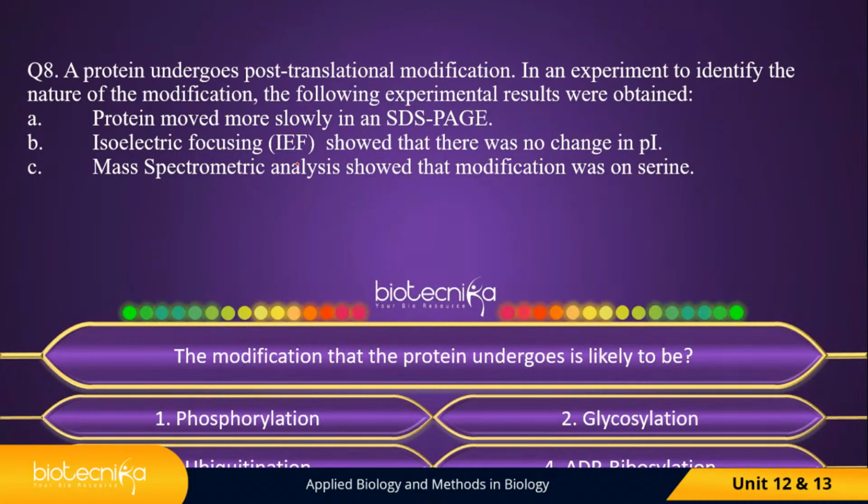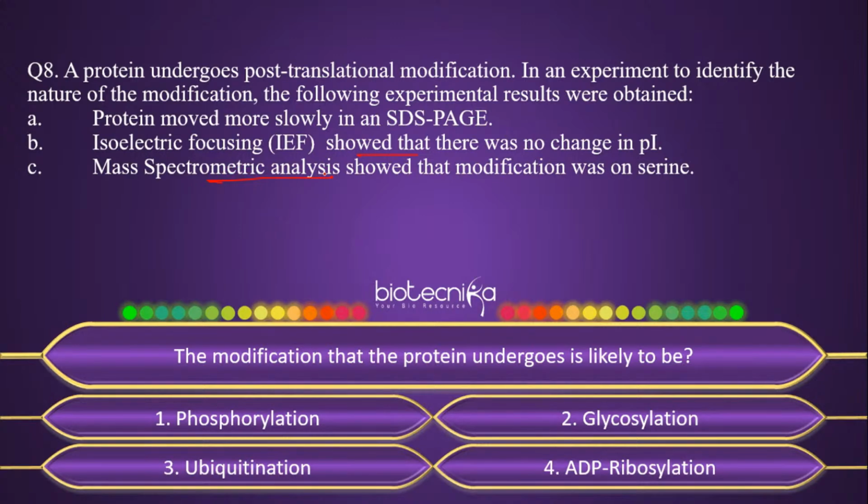B, isoelectric focusing showed that there was no change in PI. And C, mass spectrometric analysis showed that modification was on serine. So the modification that the protein undergoes is likely to be phosphorylation, glycosylation, ubiquitination, or ADP ribosylation.